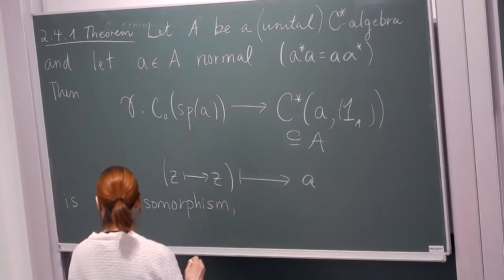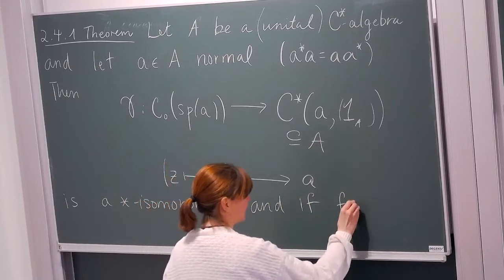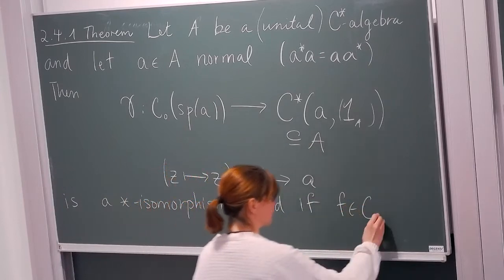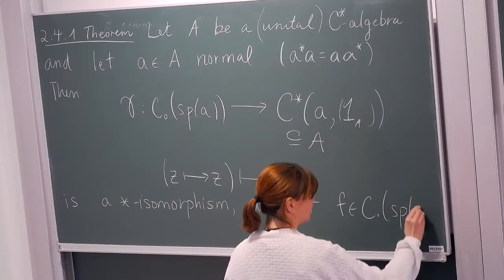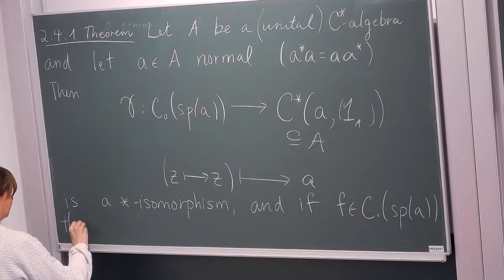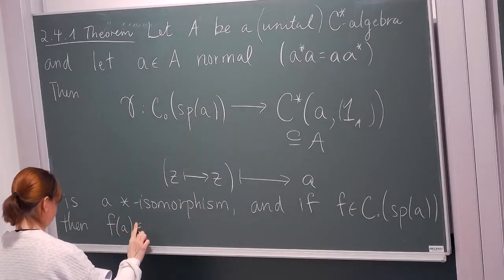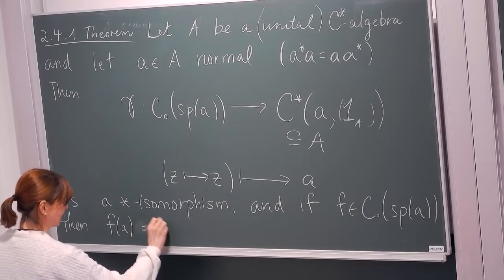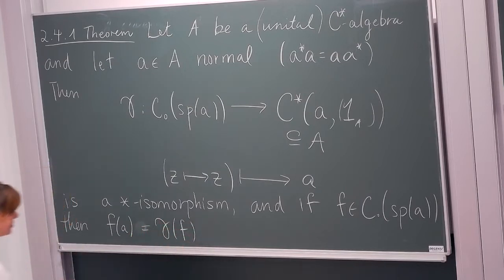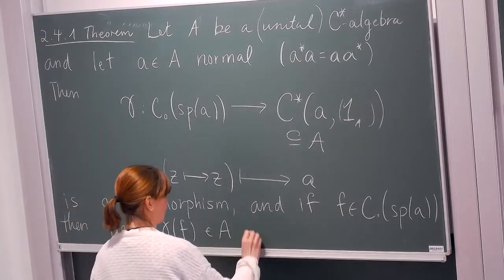And if we have some f continuous function on the spectrum of A, then f of A is also normal. So f of A, I should say, is of course gamma of f. This is normal.